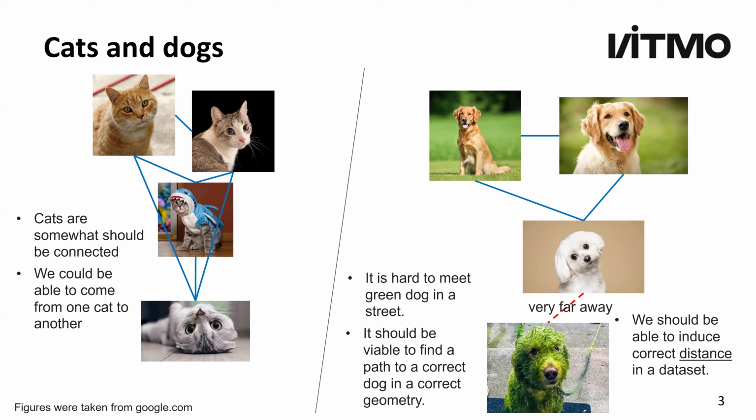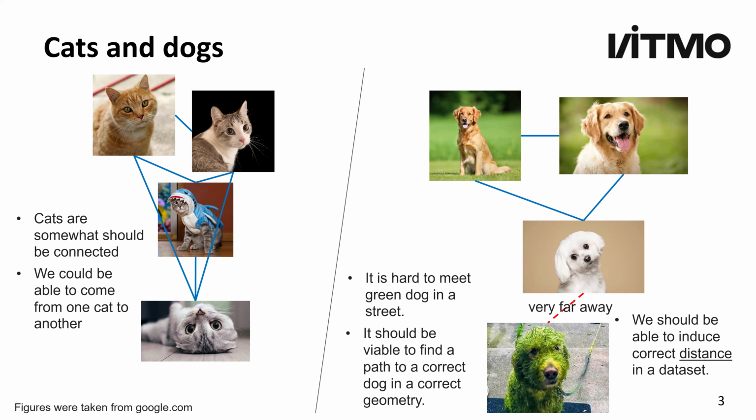But if we think of images as points in Euclidean geometry, we could find that some points, for example a green dog, are really far away from usual dogs from one point of view. But from another point of view, it is still a dog. And the machine learning model should be able to work with green dogs too, because sometimes a dog gets dirty.